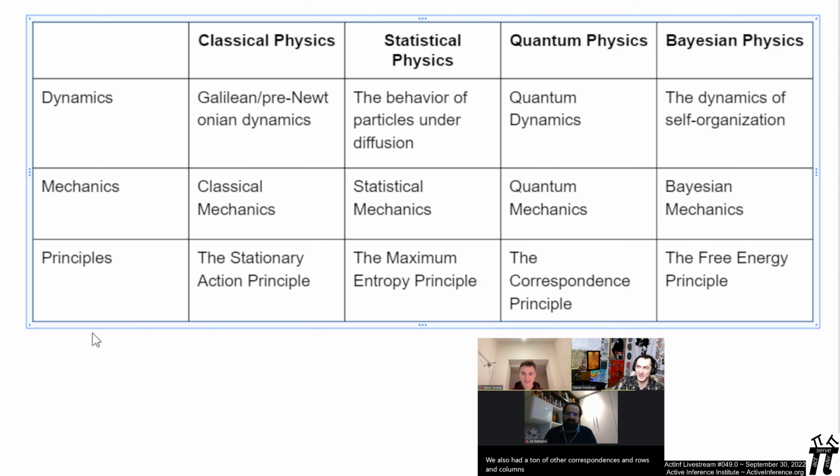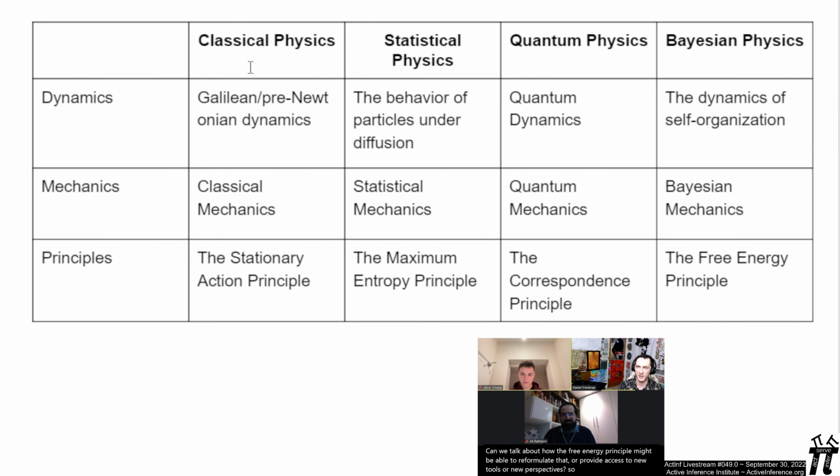So anyone who's interested in this kind of concordance building work would be encouraged to participate in the Institute, because this is a really awesome tool and helps show us potentially areas where statistical mechanics has been applied as a mechanics. Can we bring Bayesian mechanics to bear? Or areas where stationary action was applied for classical systems, can we talk about how the free energy principle might be able to reformulate that or provide access to new tools or new perspectives?